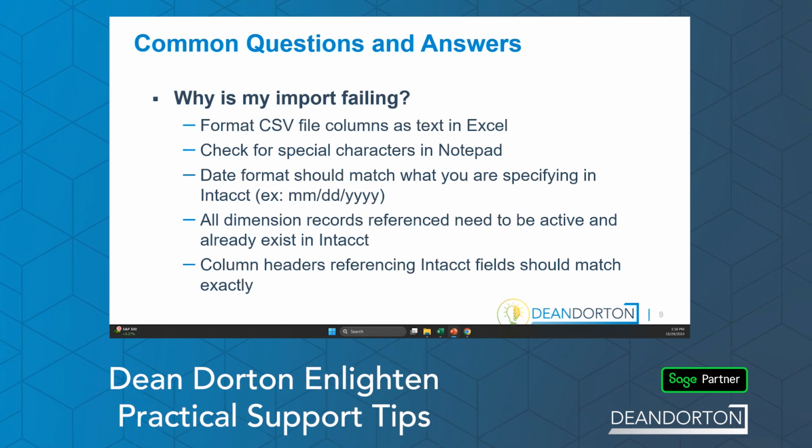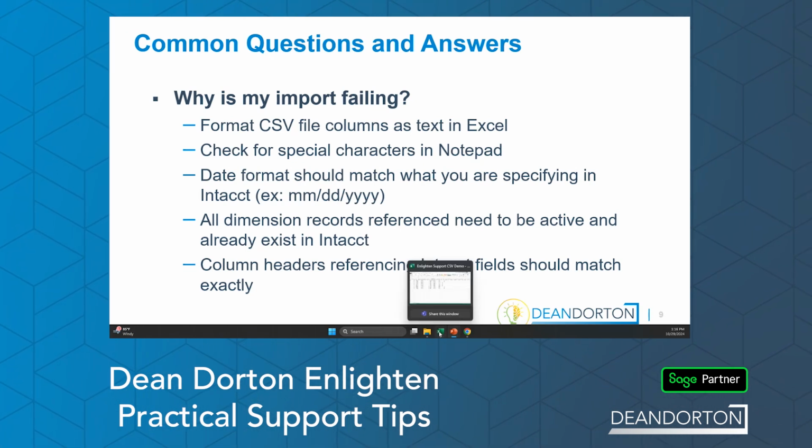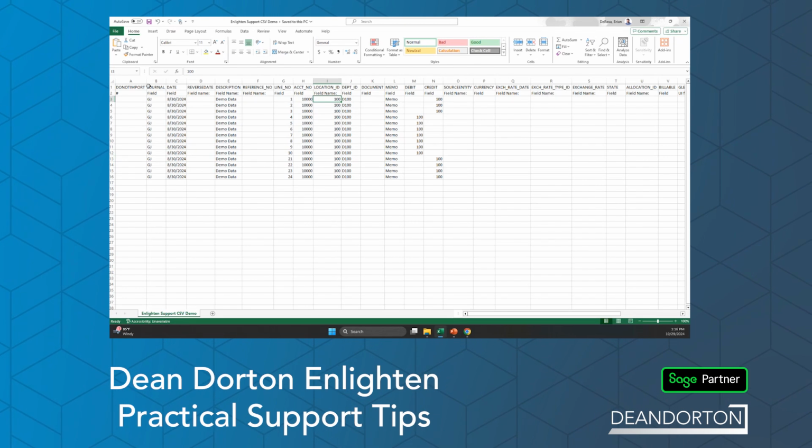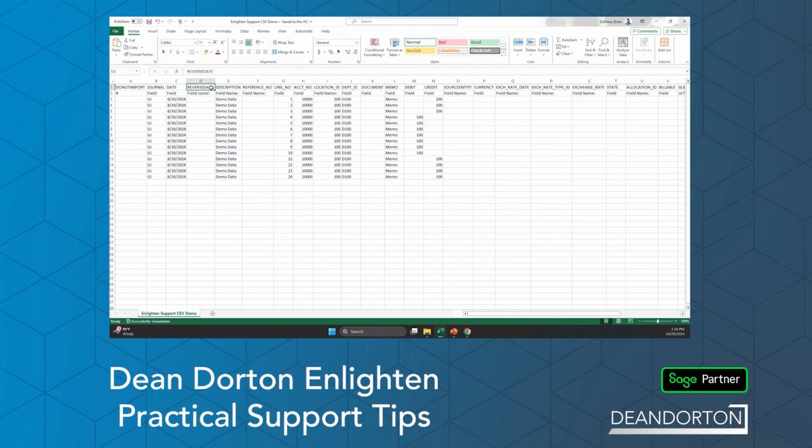So on this last one, something that I find useful sometimes is just to download the template again. If you're using a template over and over, maybe your fields somehow get changed while you're updating the spreadsheet. And sometimes it's good just to get a fresh template from Intacct and use those column headers instead.